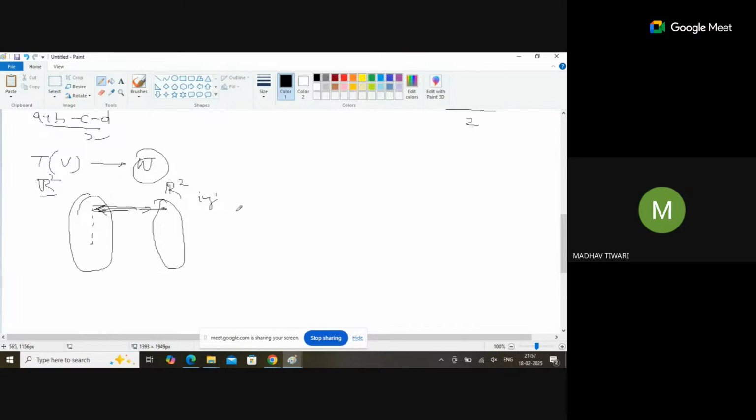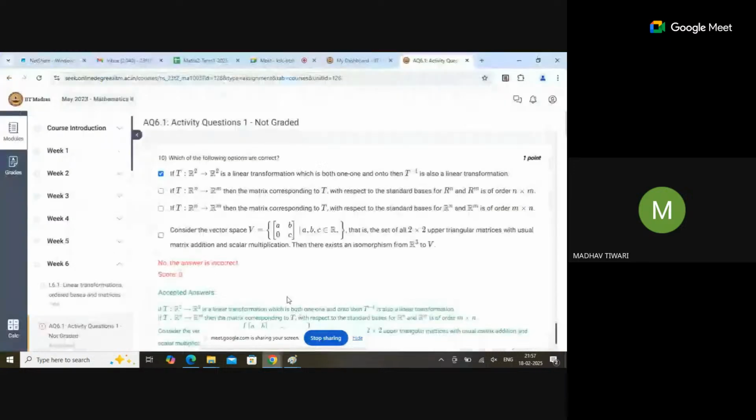So T inverse is just the inverse relation. All these points inside this R2 will become the domain, and it will become the range space. That's why it exists. It is just asking for existence, not telling you to define anything. So it is possible.